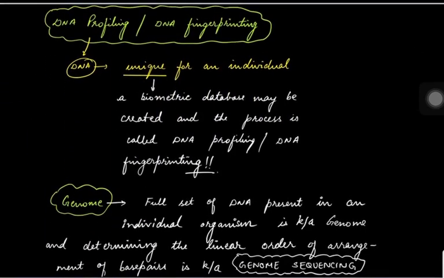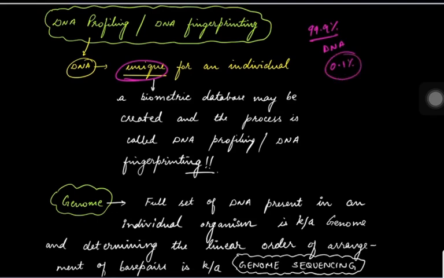Alright, so the next thing we have to discuss is DNA profiling or DNA fingerprinting. You know that DNA is peculiar to every human being, and it is unique to every human being. So what is actually happening? Almost 99.9% of all human DNA is the same, but 0.1% of every human's DNA varies.